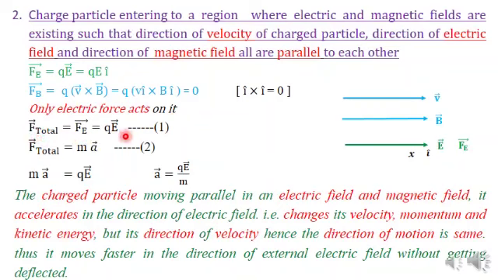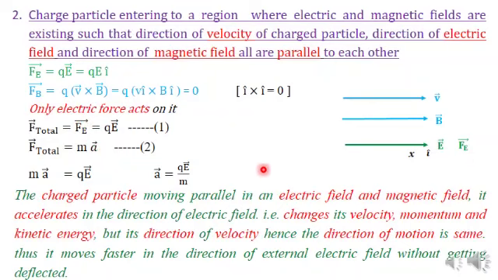But from Newton's second law of motion, vector F total equals m into vector a. Since m is a scalar quantity, acceleration is in the direction of the total force, that is along the x-axis.